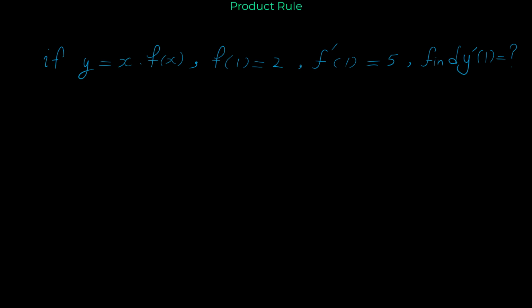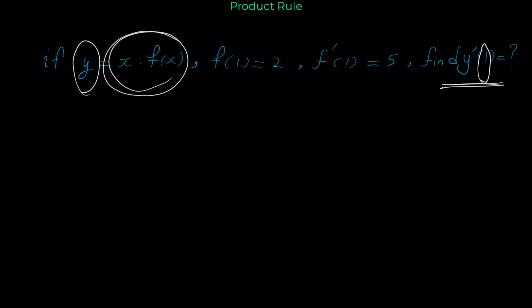We are given this function x times f of x, and we are asked to find the derivative y prime at 1. So we have to take the derivative of this expression, and then we have to substitute 1 for x.